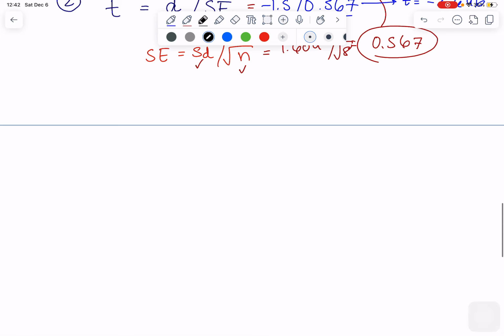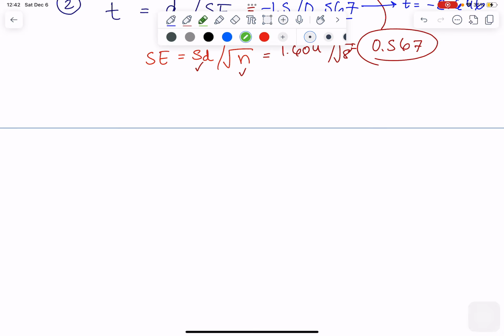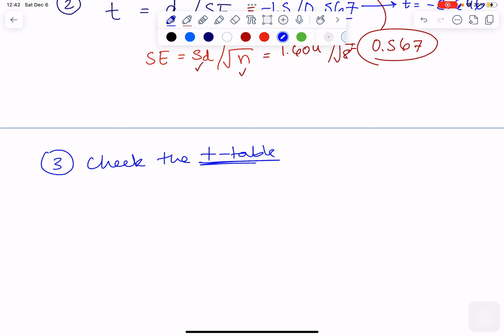After you got the t-test, you want to check the t-table. In the t-table we have the significance level or the confidence percentage, for example 99 or 95, on this axis, and then here we have the n, the degree of freedom.